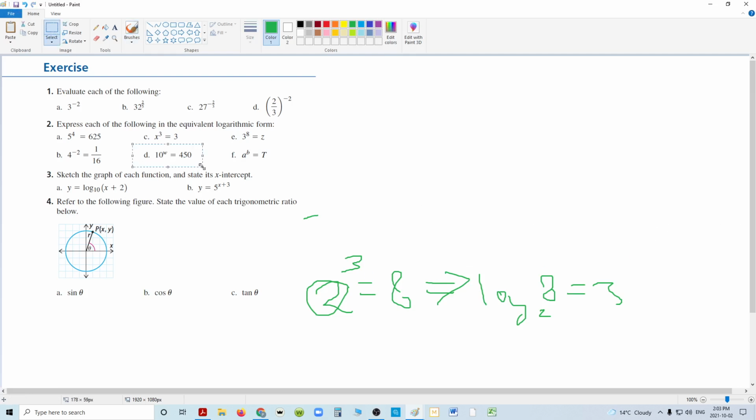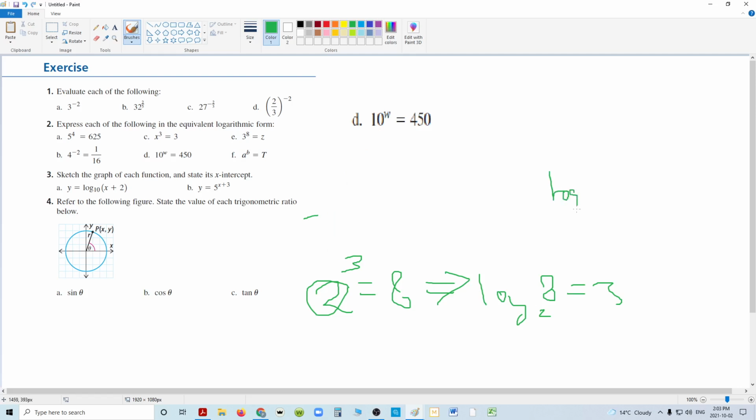What about this one? And again, they're just asking you to keep things in logarithmic form. They're not asking you necessarily to solve it, unless they say evaluate it. No, they just say express as logarithmic form. So again, my 10 becomes my base.